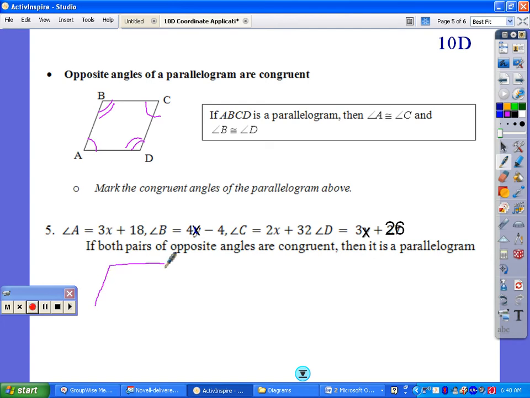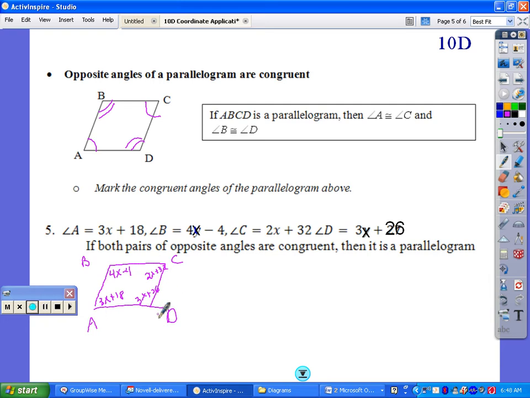So if I just draw a diagram, we have A, B, C, D. A is 3x plus 18, B is 4x minus 4, C is 2x plus 32, and D is 3x plus 26. And all we know is that it's a quadrilateral.